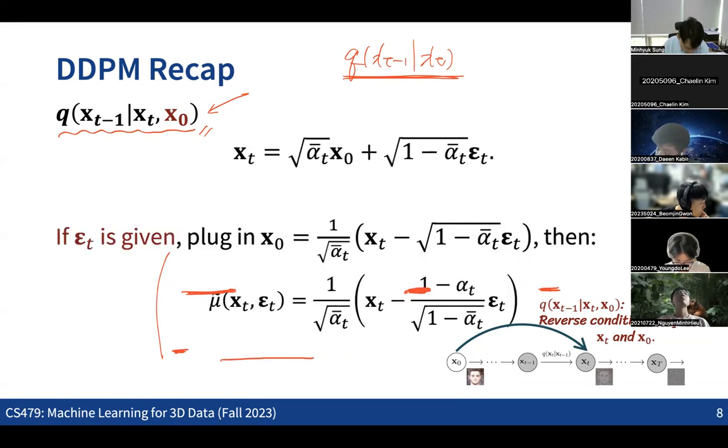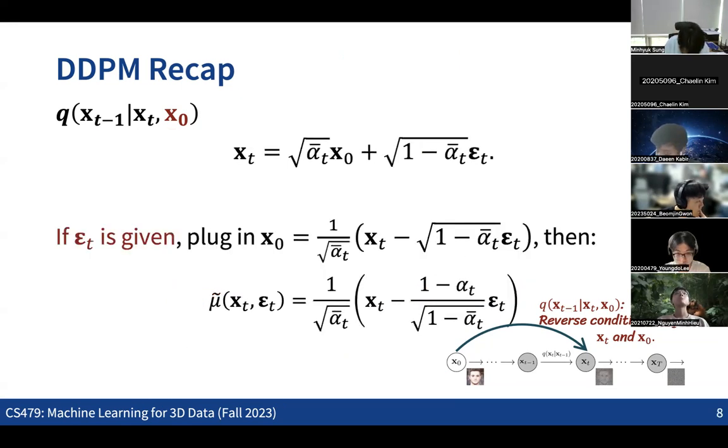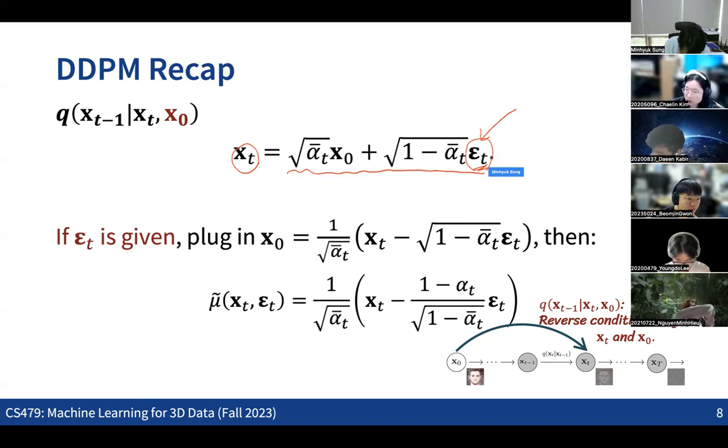One more thing: since xt can be represented in this formulation, where epsilon t is a noise sampled from the unit Gaussian, we know what the noise is that resulted in the xt from the sample of the x0. So this epsilon information is given.